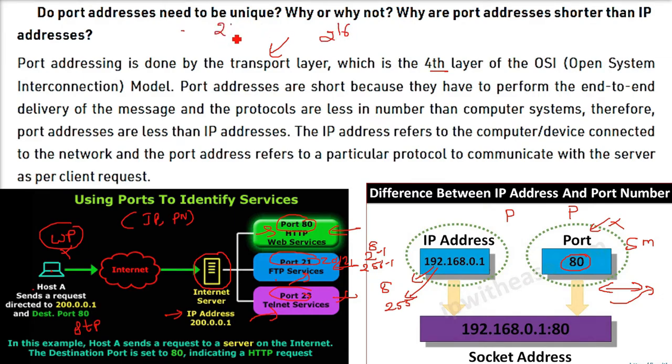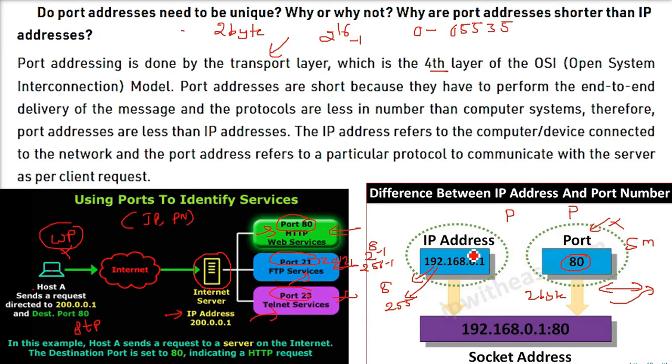Actually, the port number is 2 bytes. So 2 bytes means 2 to the power 16 is the maximum value. Actually, it starts from 0, so the range will be 0 to 2 to the power 16 minus 1. 2 to the power 16 is 65536, so the port number maximum will be 0 till 65535.